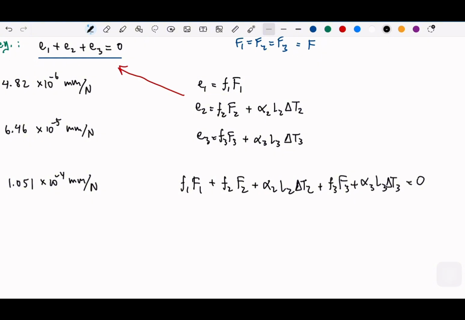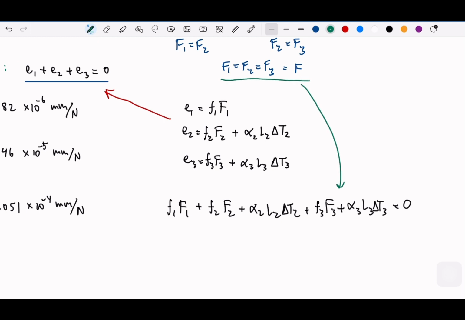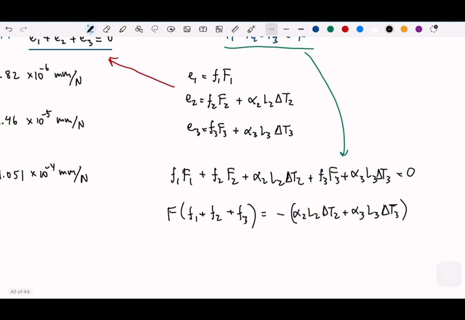So we can write the f is f1 plus f2 plus f3 is equal to negative, I will write with a bracket to help and negative at the outside. All right, we have now f is negative.